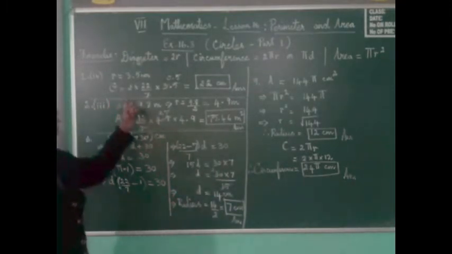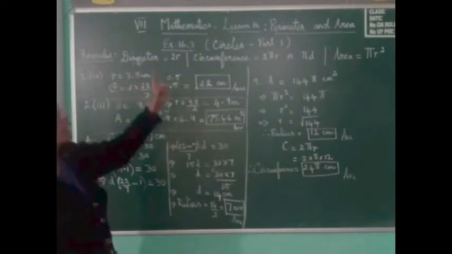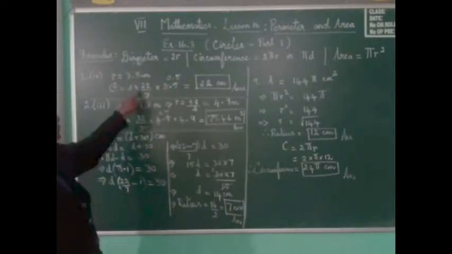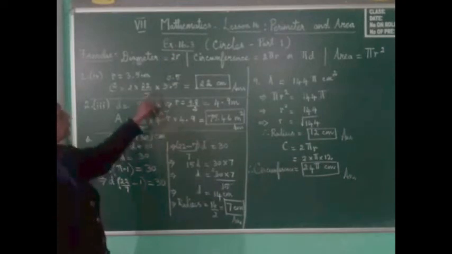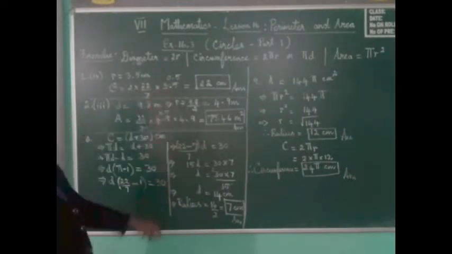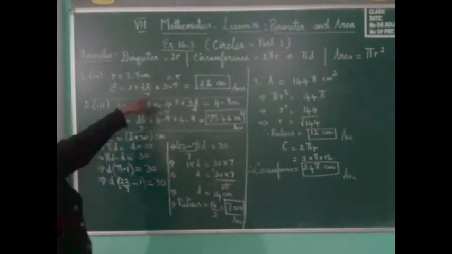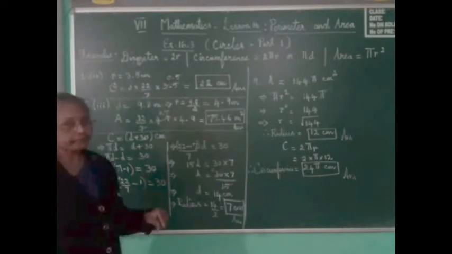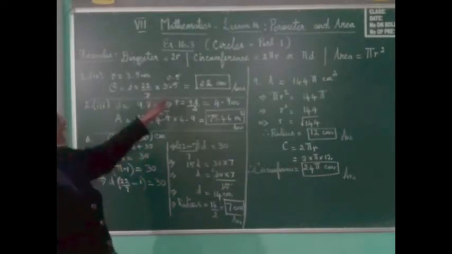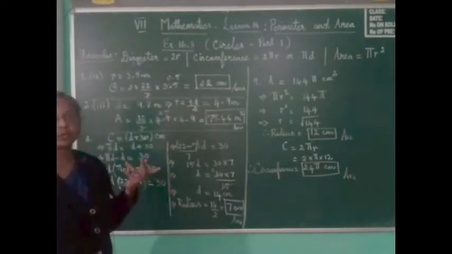So we know the formula for circumference to be 2 pi r. Just 2 into 22 by 7, which I have already told, into 3.5, which is the radius. So 2 into 22 by 7 into 3.5, when we multiply, we can cancel 3.5 by 7 because 35, we know, 5 times it goes.